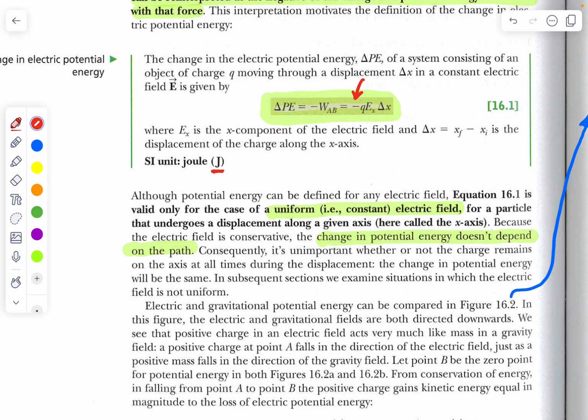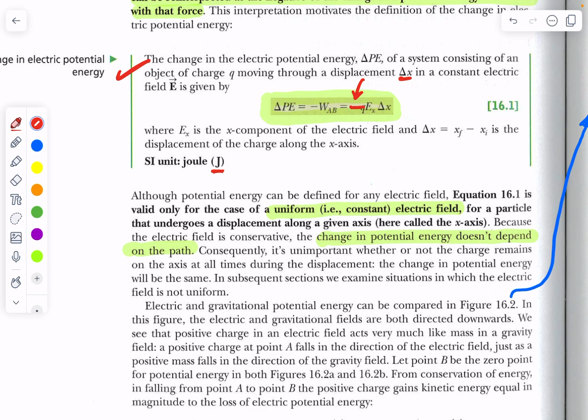So the change in electrical potential energy of a system consisting of an object with charge Q moving through a certain distance, delta x, in an electrical field is given by this. And you can see its potential energy is becoming less and less as it moves under the influence of that electrical field.